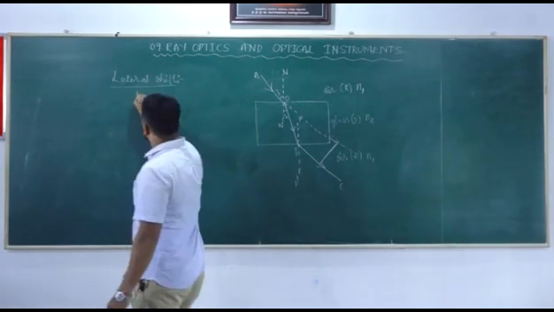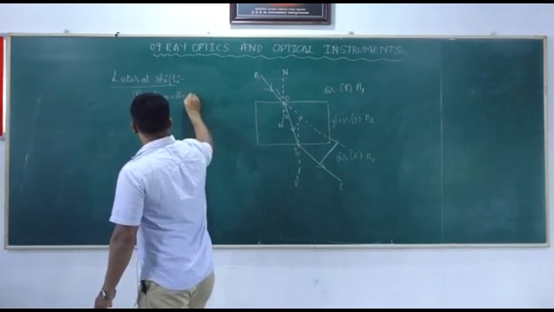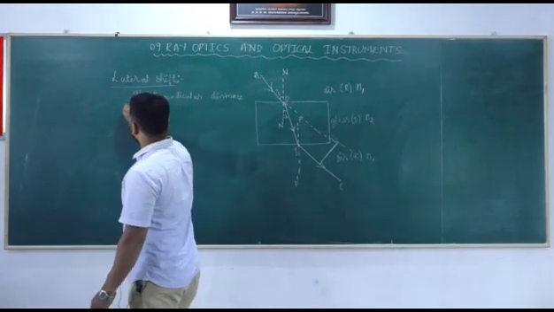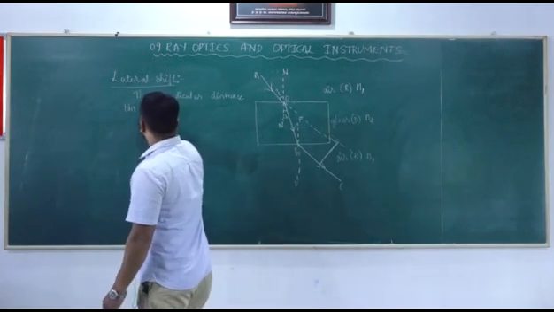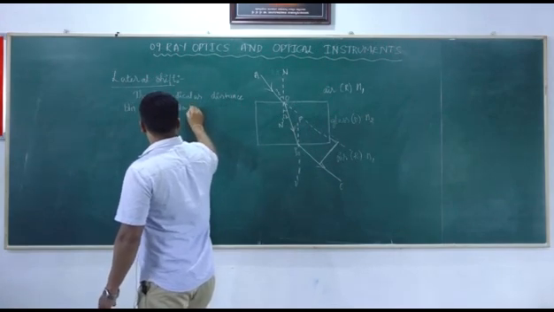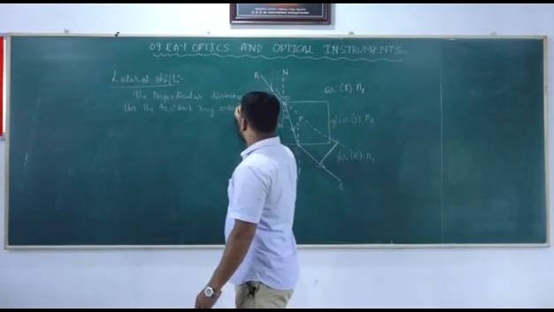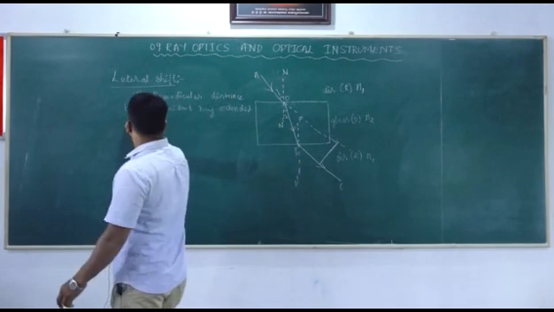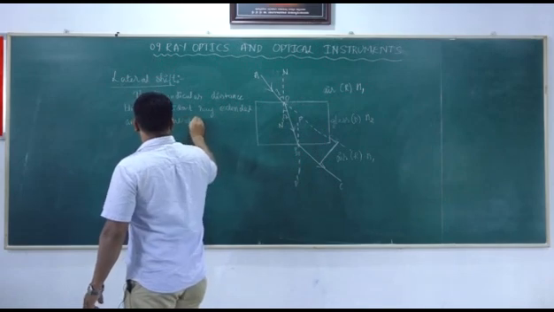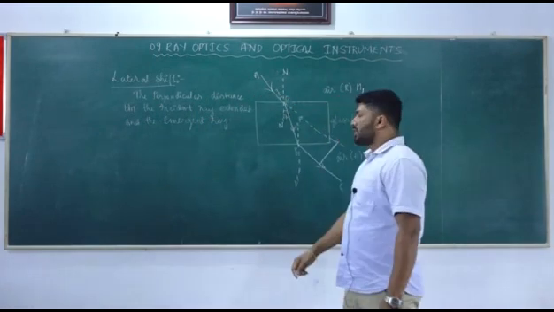The perpendicular distance between the extended incident ray and the emergent ray is called the lateral shift.